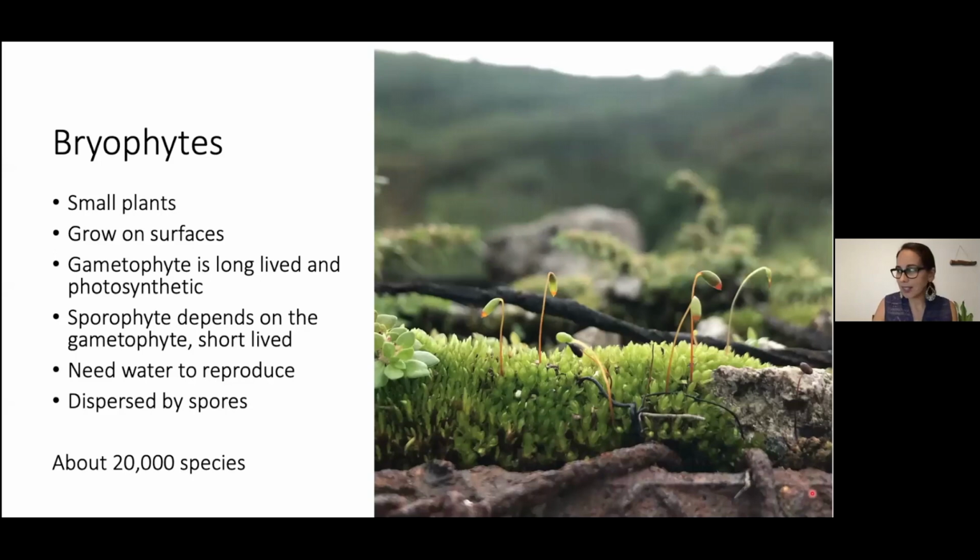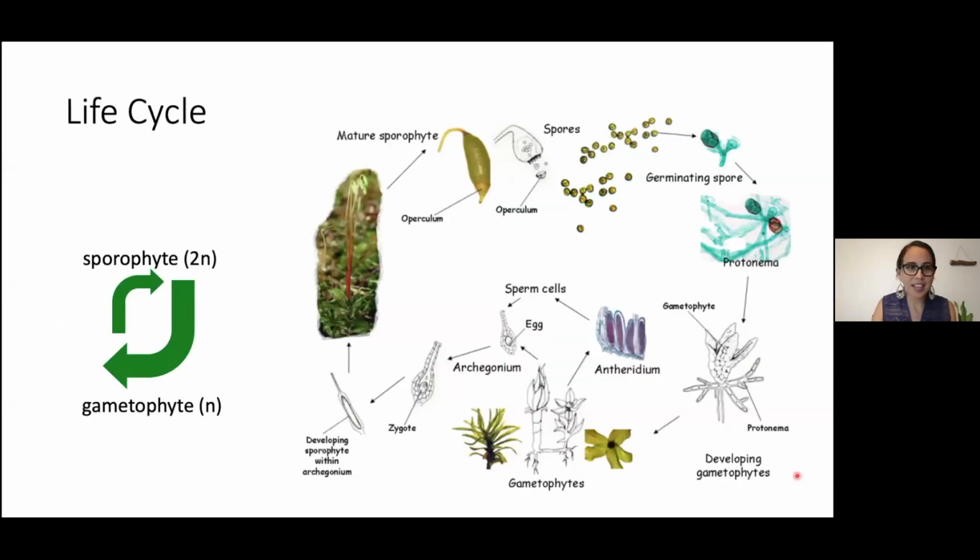So let's look at the life cycle of a bryophyte. As I said, they have spores and they reproduce by spores. When you see a plant like this, you have the gametophyte and the sporophyte. The sporophytes will make spores.